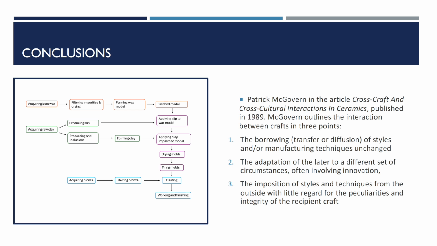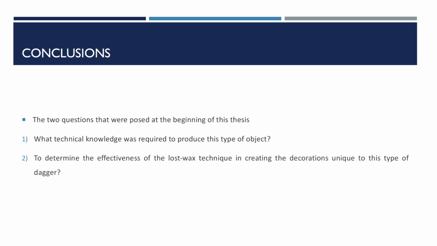But if we're talking about the lost wax technique, it's difficult, it's very finicky, but the lost wax technique is definitely a valid way to produce this type of object. Which, the 2 questions that were posed at the beginning, what technical knowledge was required and what was the effectiveness?